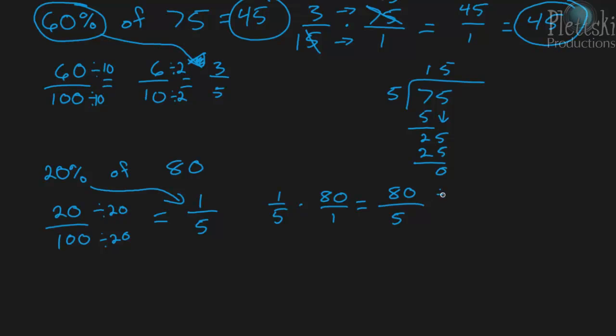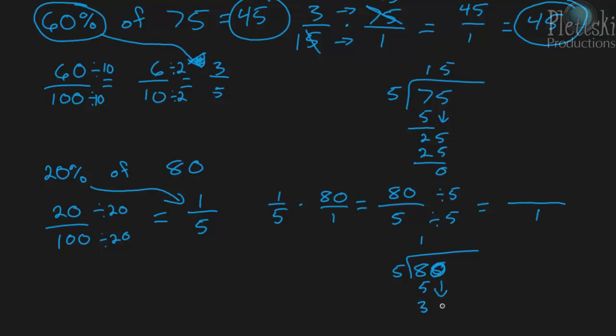And we can simplify that by dividing the numerator and the denominator by 5. The denominator is easy: 5 divided by 5 is 1. And then 80 divided by 5: 5 goes into 8 one time. 8 minus 5 is 3.